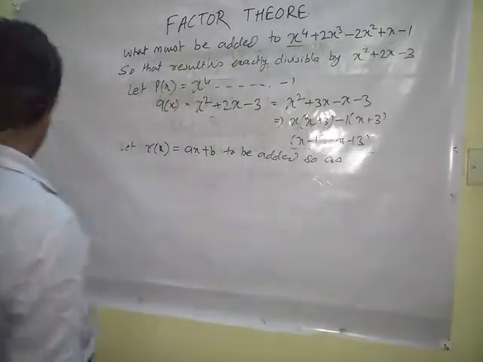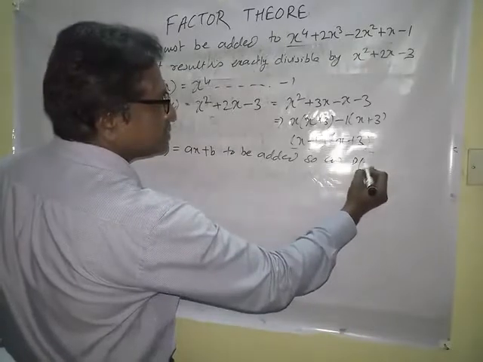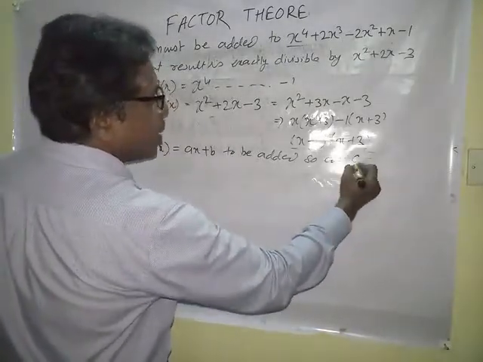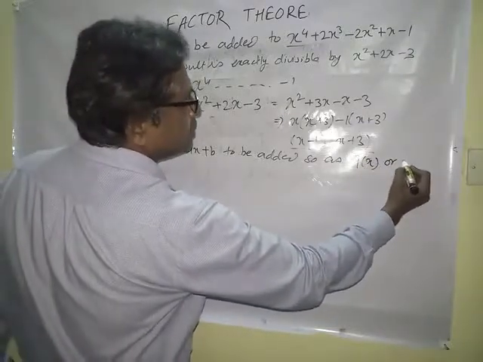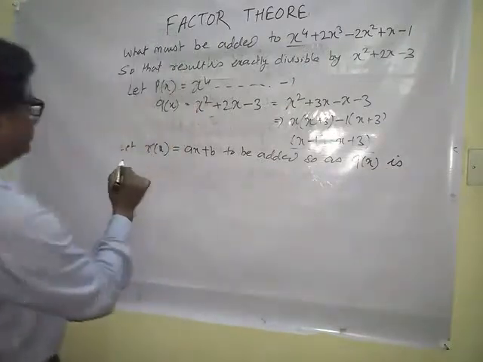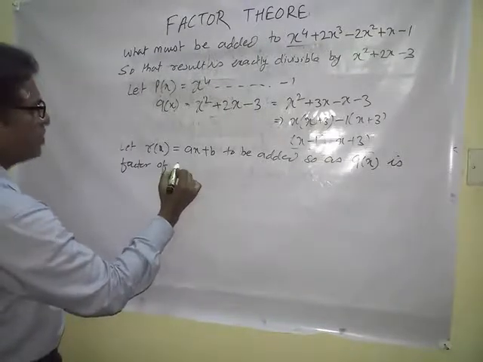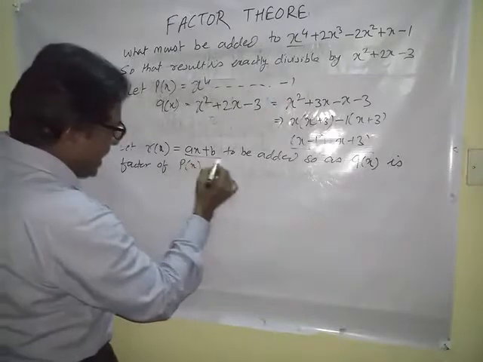so as px plus rx, or qx is a factor of px. Why ax plus b?